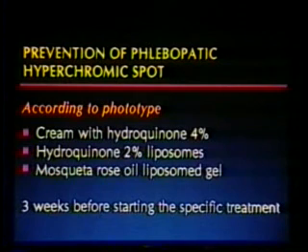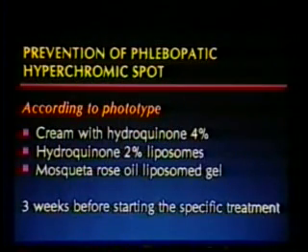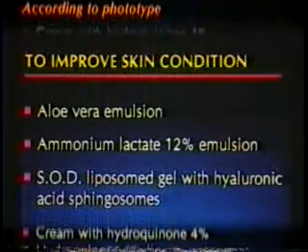Due to their melanin inhibiting capacity, one of them should be used for 3 weeks before starting the specific treatment for varicose pathology. This applies especially to hydroquinone, as it acts during the transportation and metabolic stages of melanoblasts within the melanocyte and during the transportation of melanoblasts towards the keratinocyte.